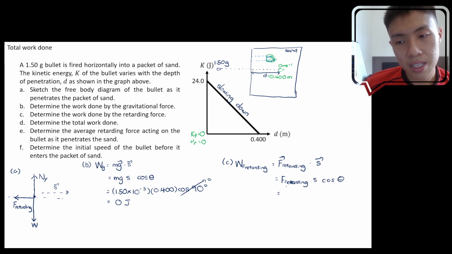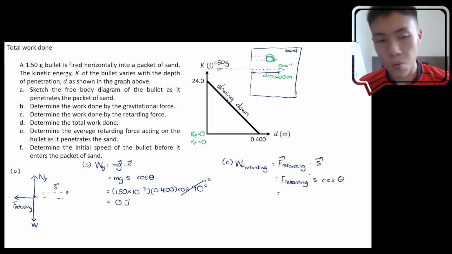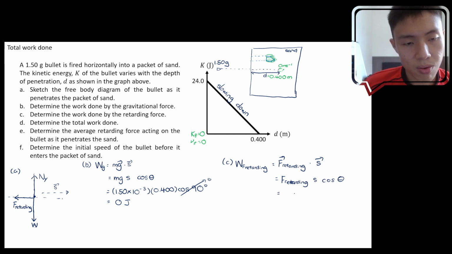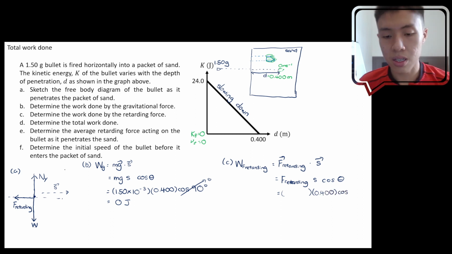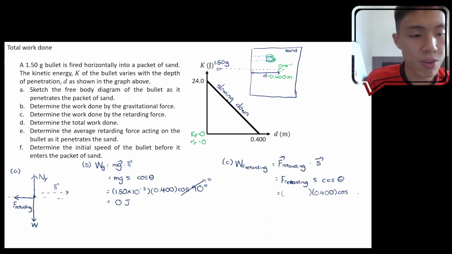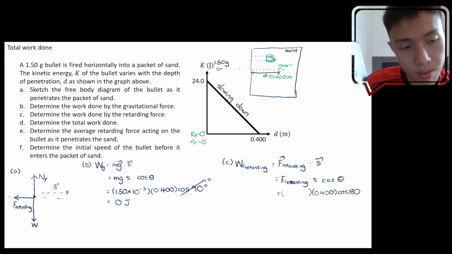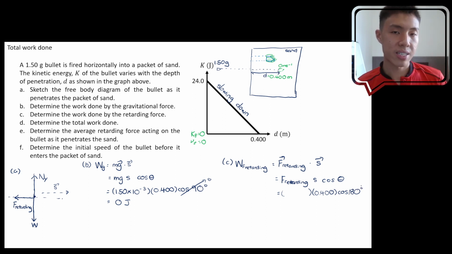F retarding here is how much? We are not sure, so that's where we're stuck. We don't know how much F retarding is. We know the distance traveled is 0.400, and we know that the angle between the displacement to the right and F retarding to the left will be 180 degrees. So we see that we are stuck.